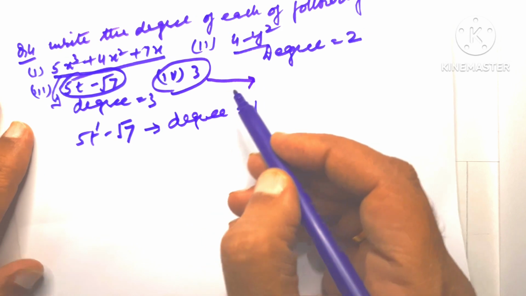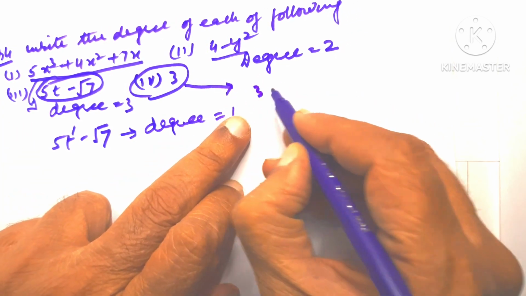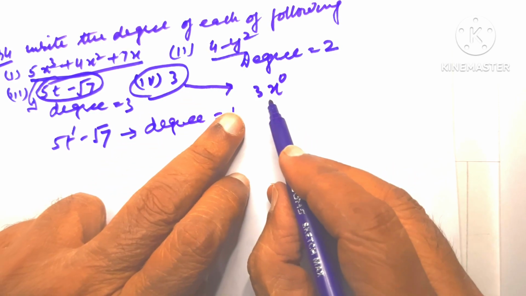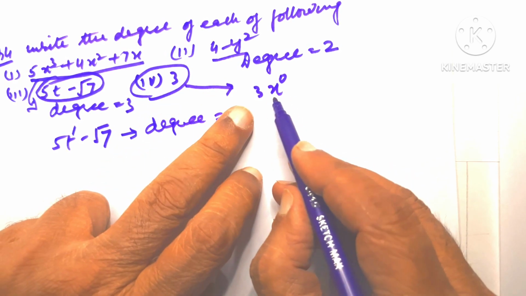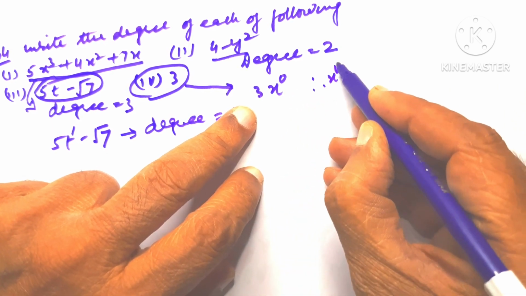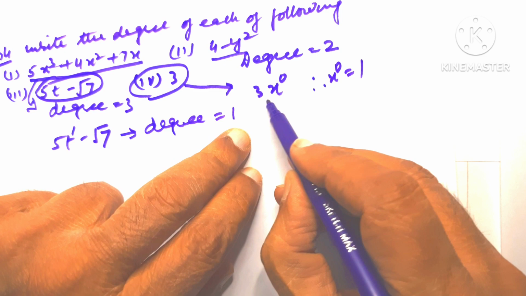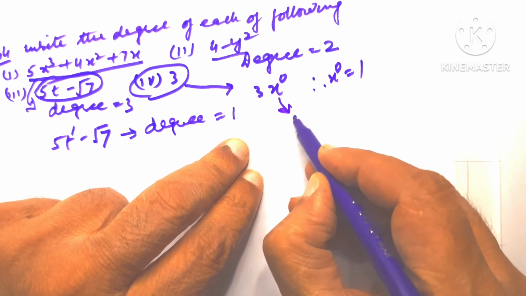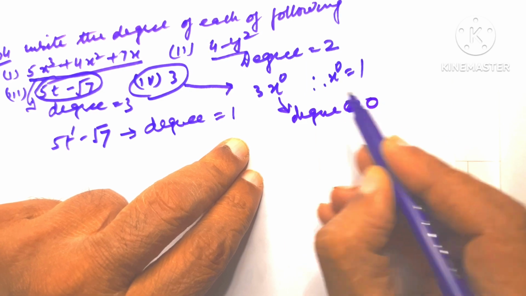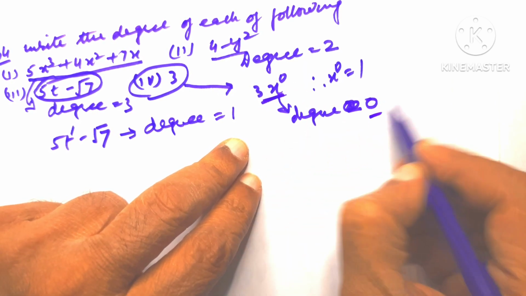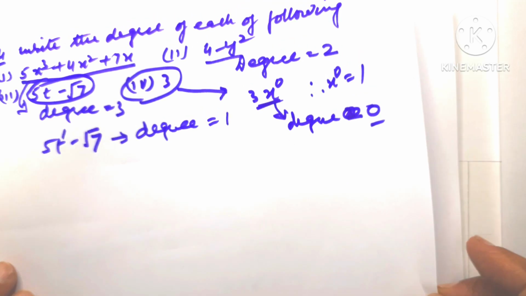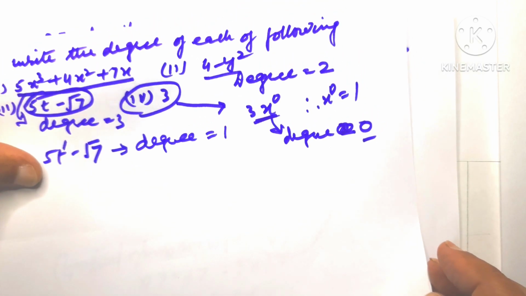This 3 can be written as 3 into x to the power 0, because x to the power 0 makes it 1. So the degree of this is 0. So the maximum power in the expression is what becomes the degree.